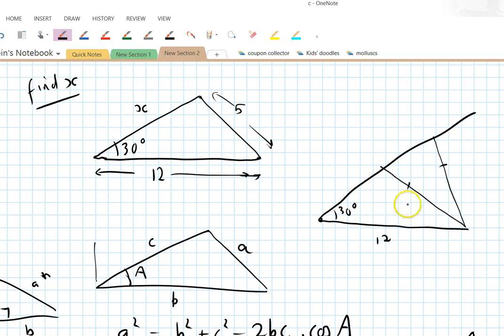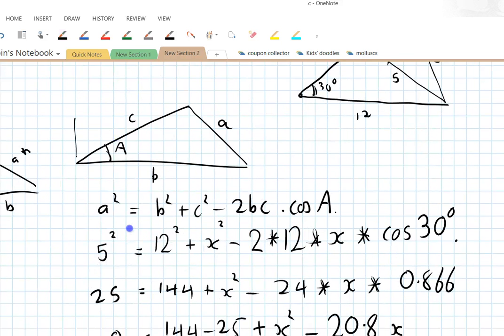Both of those sides are 5 long, and they both meet this side here, which has got an angle of 30 with the base there. So when I said find x, it's not well specified because there are two distinct solutions.